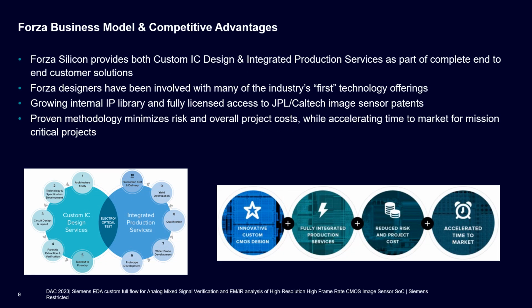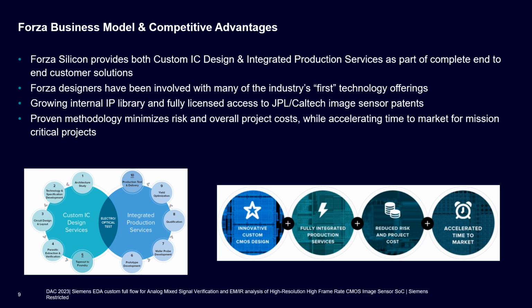Now let's look at Forza Silicon's business model. Significant portion of our revenue comes from providing custom IC design services for CMOS image sensors to cater a diverse set of needs for our customers. We work very closely with our customers to define sensor specification, select the process node, system architecture best suited to achieve the desired performance at the lowest price per sensor.